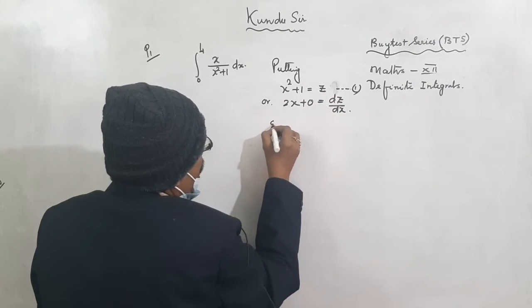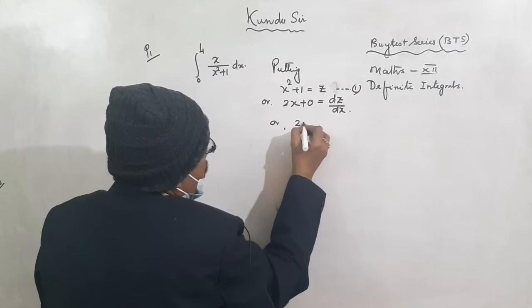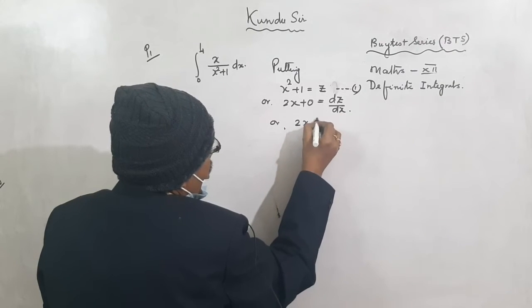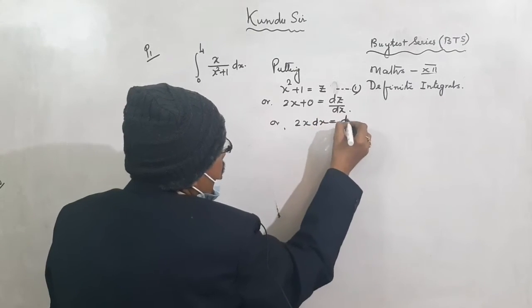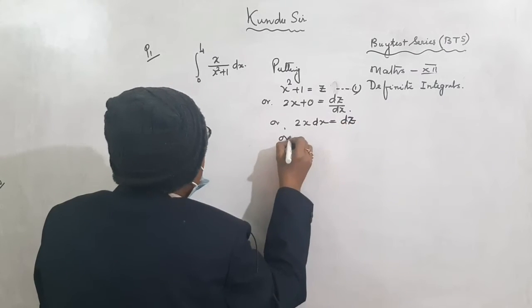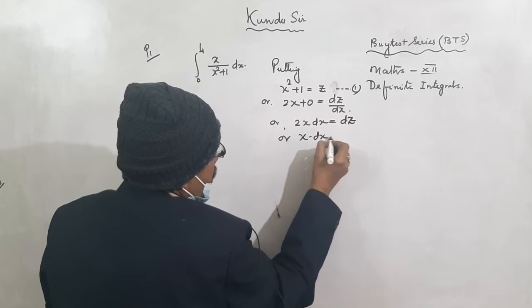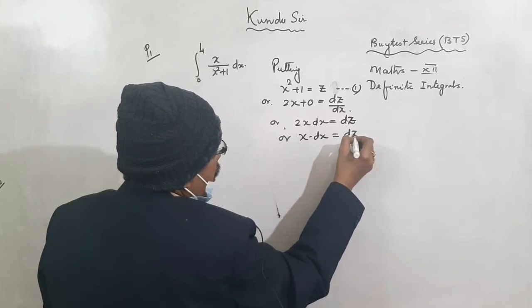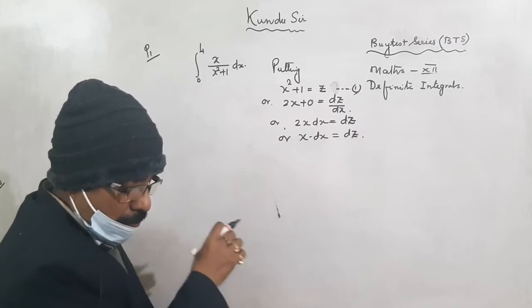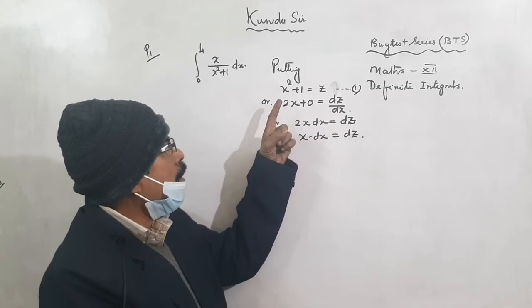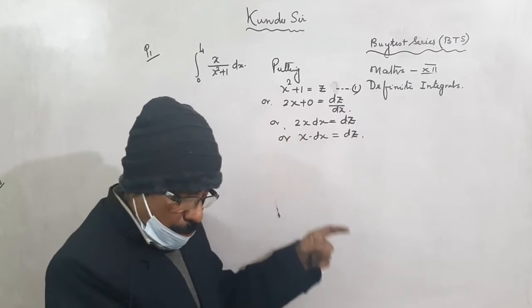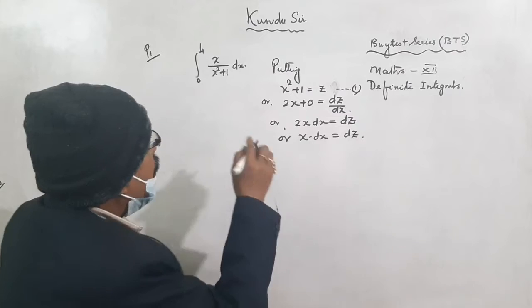So 2x dx equal to dz, or our requirement x dx equal to dz by 2.